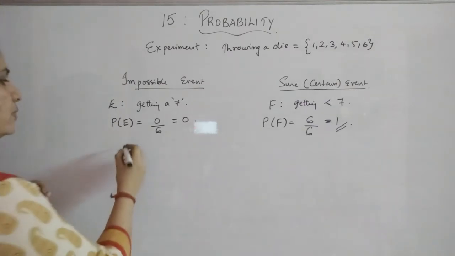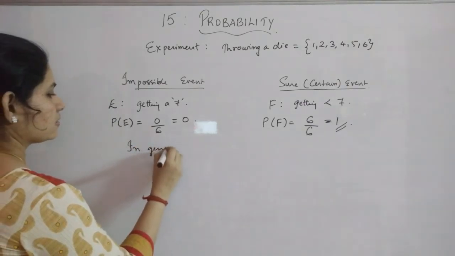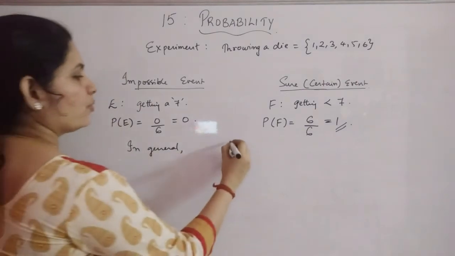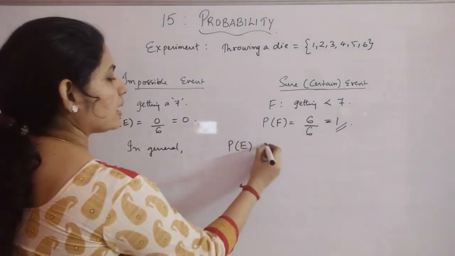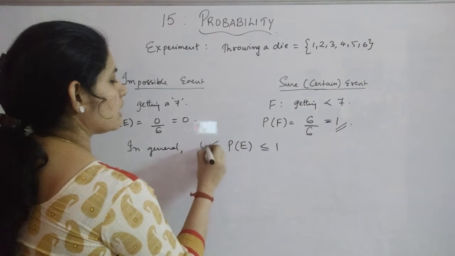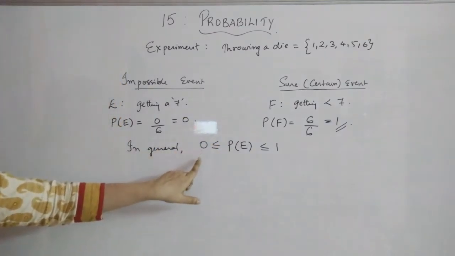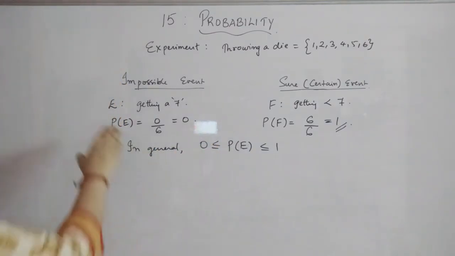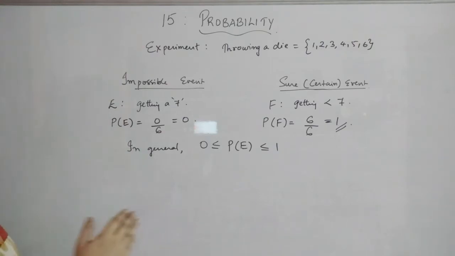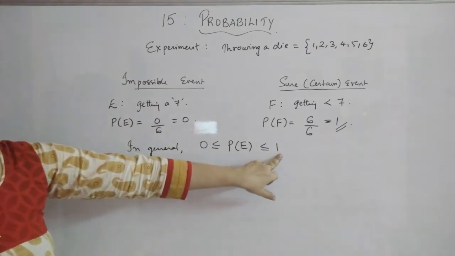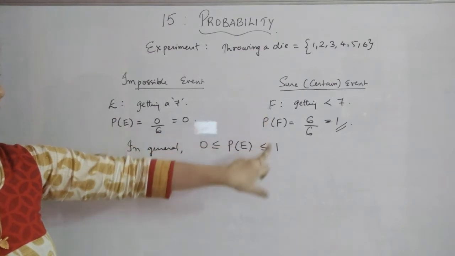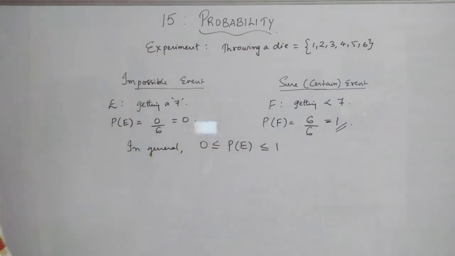So in general we can say that the probability of any event will lie between 0 and 1. At the minimum it can go down to 0 if it is an impossible event, and it can go up to a maximum of 1 if it is a sure event. So the probability generally lies between 0 and 1, including 0 and 1.